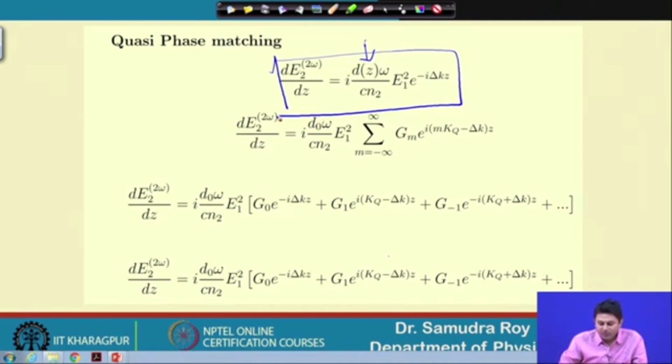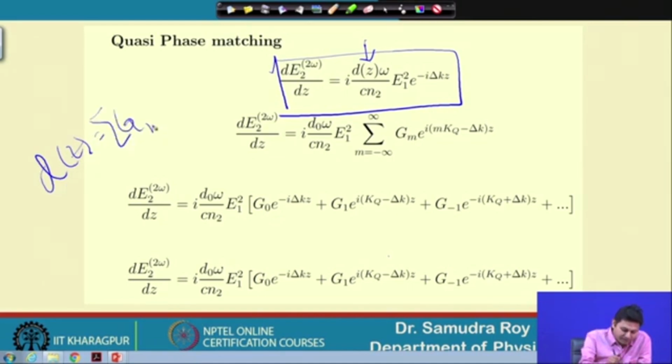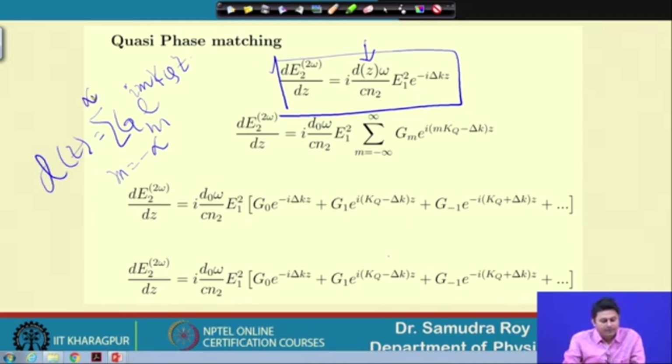If d is a periodic function, then we know that d can be written in this form, which we used in the previous class. d(z) can be represented as the sum of G_m e to the power of i m k_q z, where m goes from minus infinity to infinity.